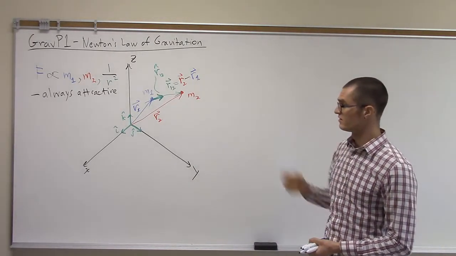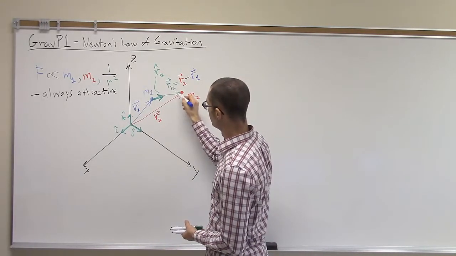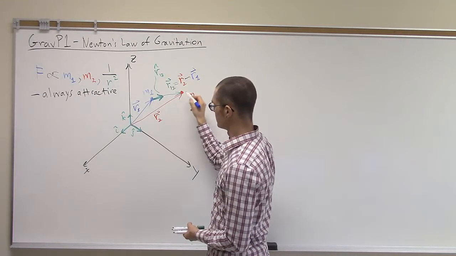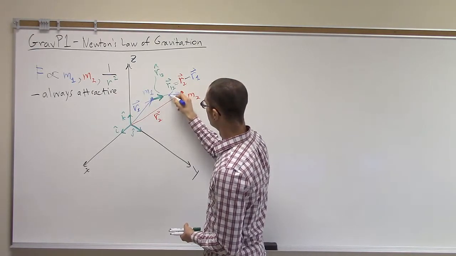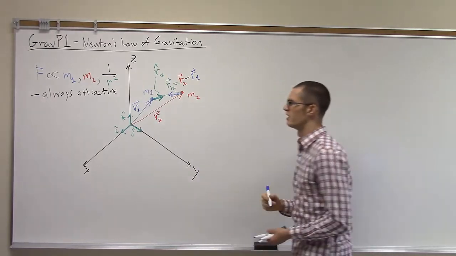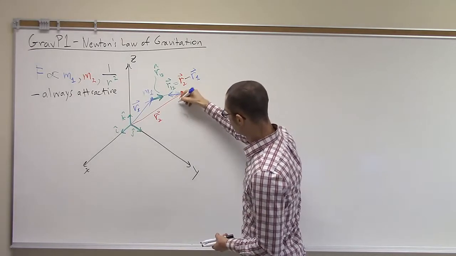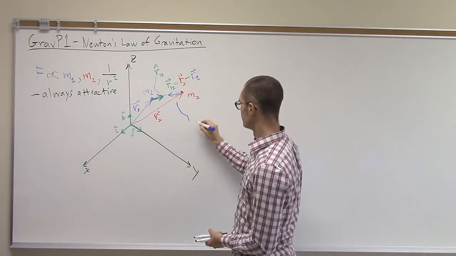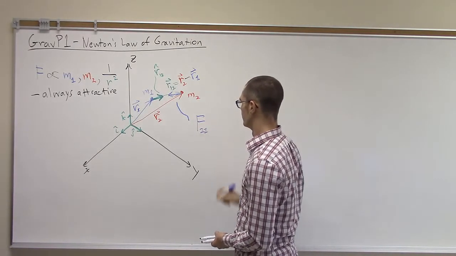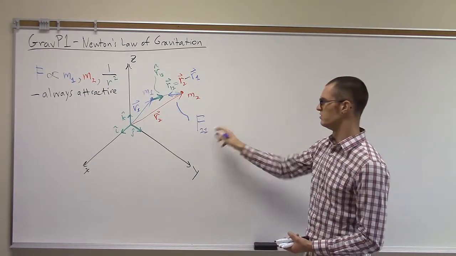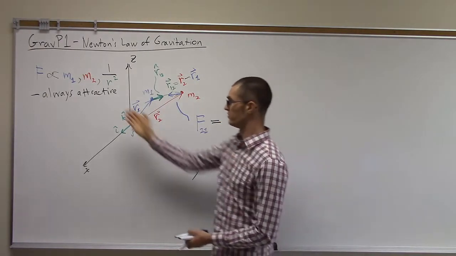Now, Newton's law of gravitation states that the force between them is attractive, so that means the force of 1 on 2, the force felt by 2 due to 1, must point back towards M1. So this force here I'll call F21. The force felt by 2 due to 1 must be equal to, so now we'll work through these proportionalities.